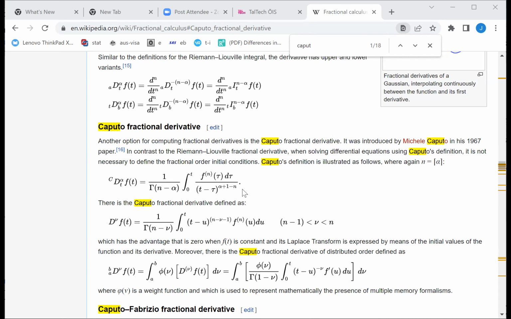Okay, this means that the square root of d over dt of f equals 1 divided by the gamma function of 1/2, which is the square root of pi or something like that, times the integral of the derivative of f, let me write it like that, at t minus tau divided by the square root of tau d tau.